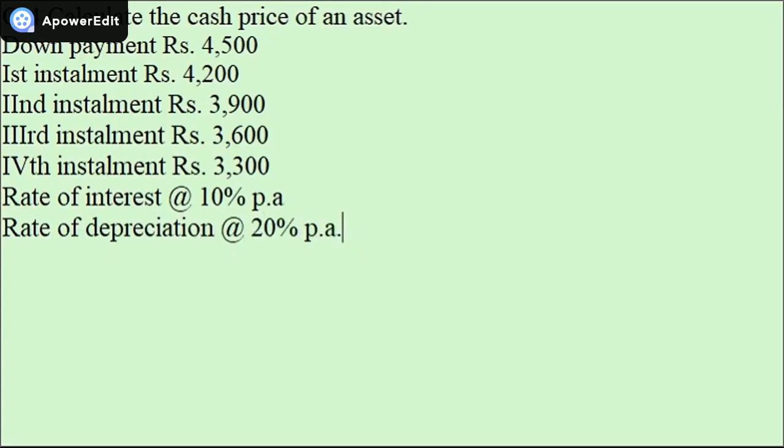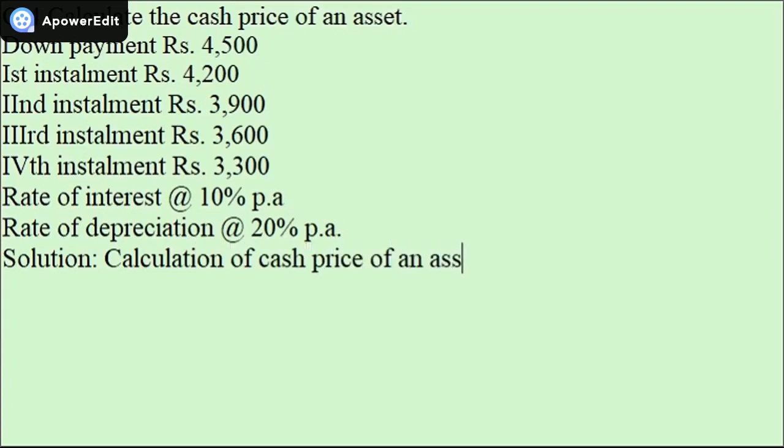So this is the question on the basis of which you need to calculate the cash price of an asset which is sold under hire purchase system. Calculation of cash price of an asset.